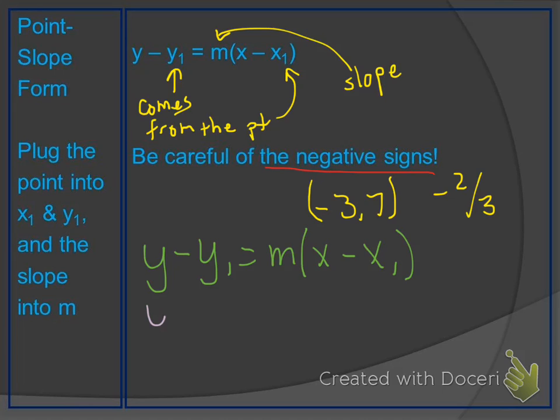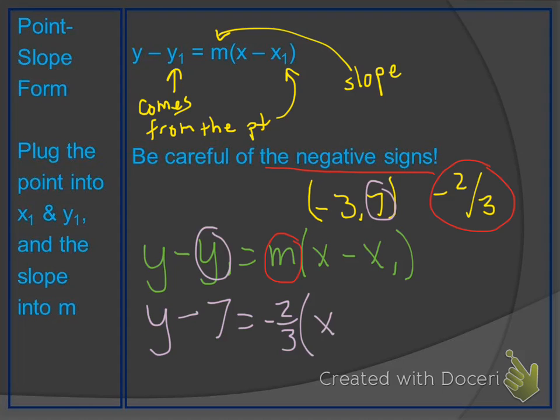It's going to say y minus the y value, which is 7, equals m. Well, if we look, m was -2/3. So I'll say -2/3 times the quantity x.